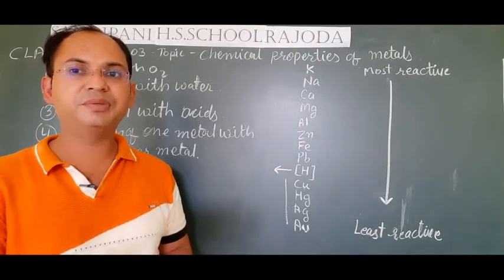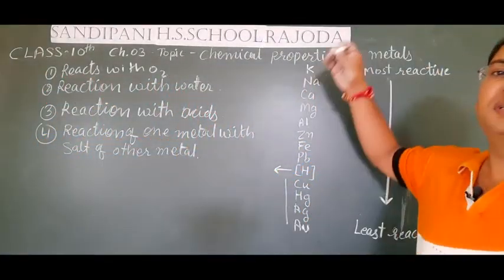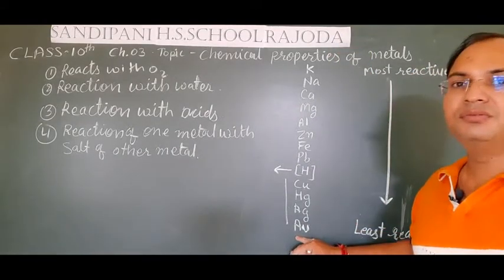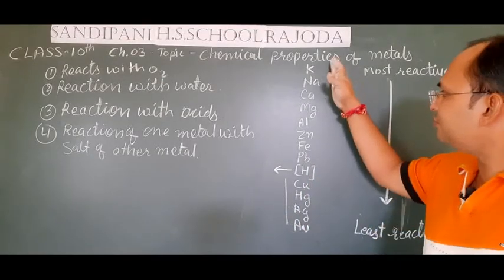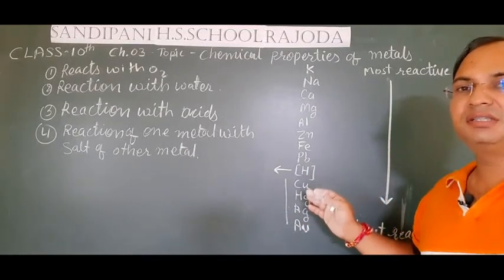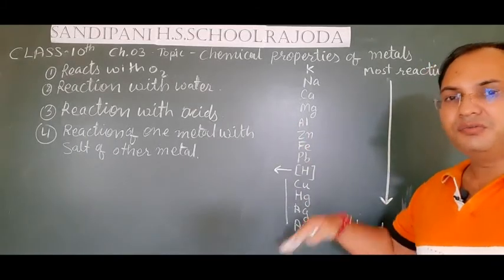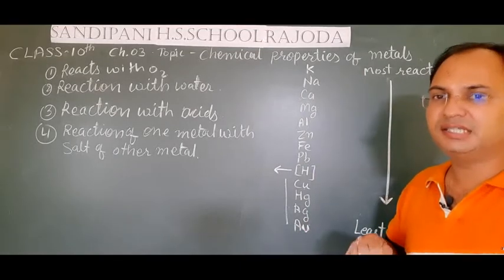And if we compare the reactivity of the metals among themselves, then potassium is the most reactive metal and gold, Au, is the least reactive metal. So by knowing this reactivity series, we can say in a displacement reaction which metal will displace the other metal and which metal will get displaced.